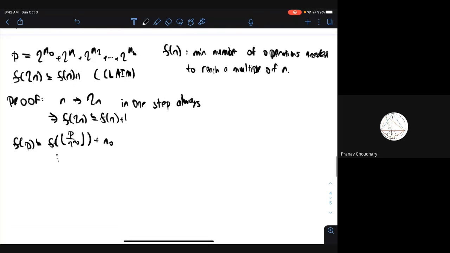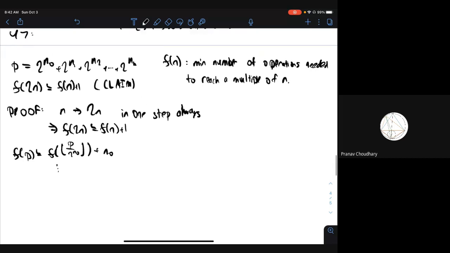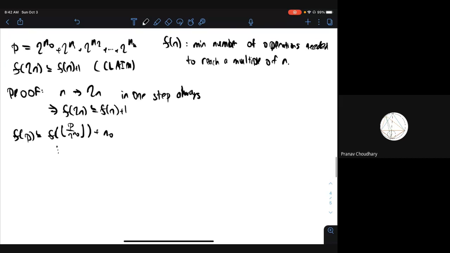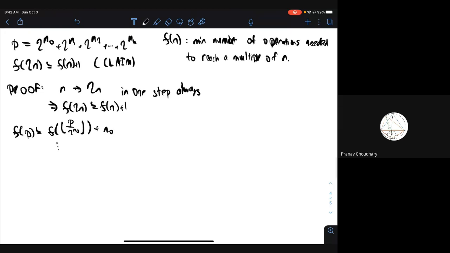So basically in each stage, if it's a multiple of 2, we divide by 2, and if it's a multiple of 1, we subtract 1. That's basically what we're doing in terms of binary.